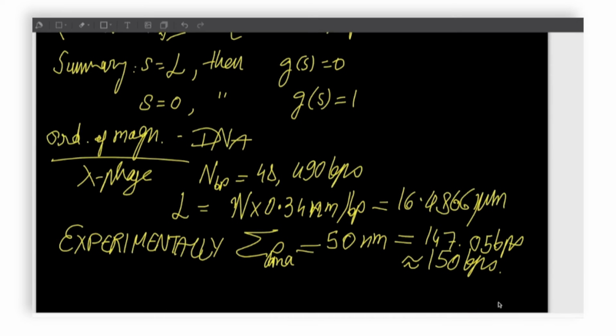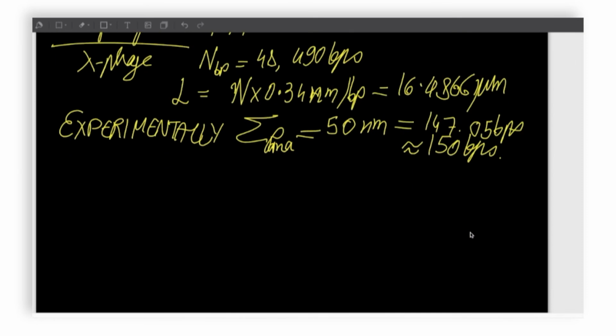In other words, 150 base pairs of DNA are effectively persistent. Yeah?